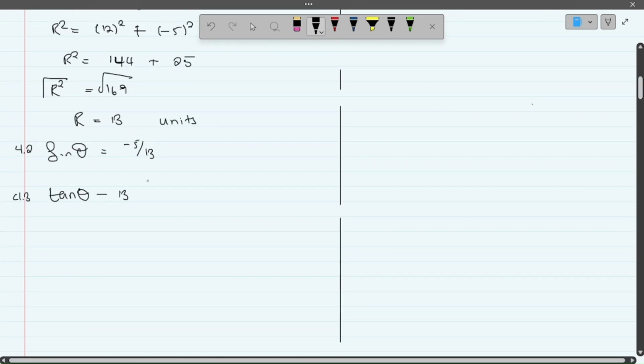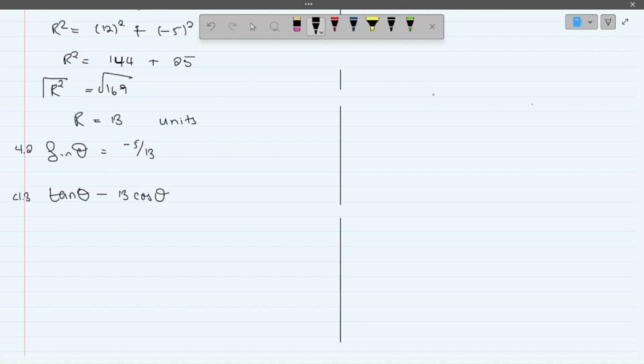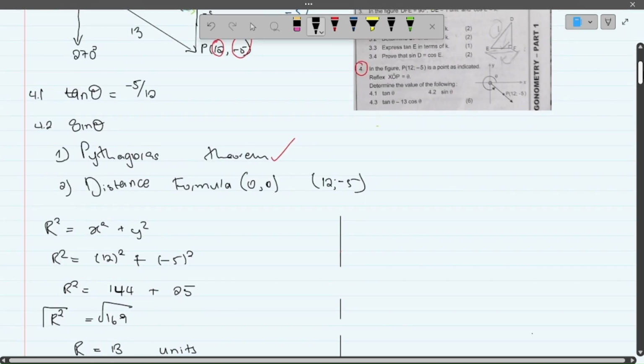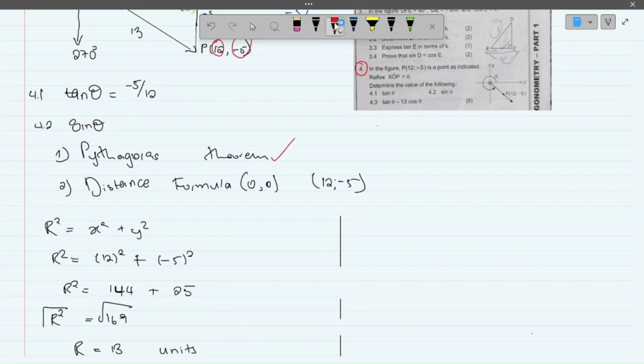The answer for tan theta is minus 5 over 12.